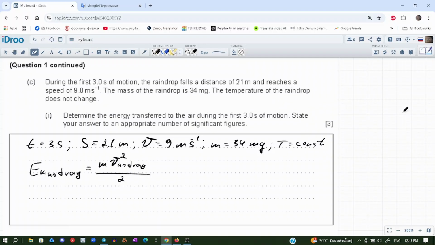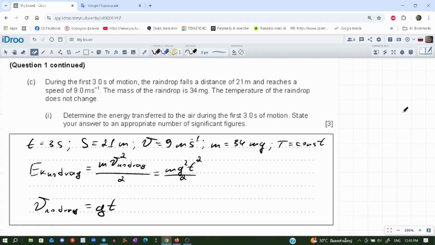And how to find this velocity? v no drag, oh, it's very easy. It's just g t, right? So E k no drag will equal m g squared t squared over 2.